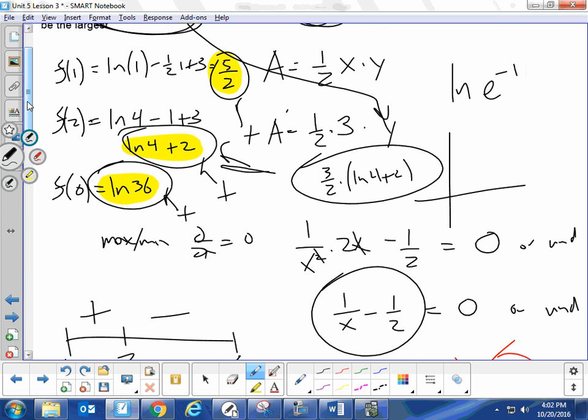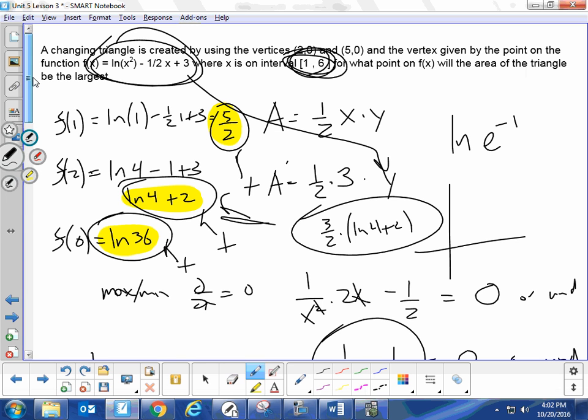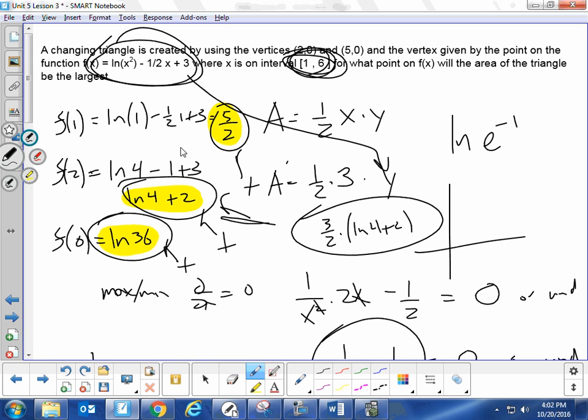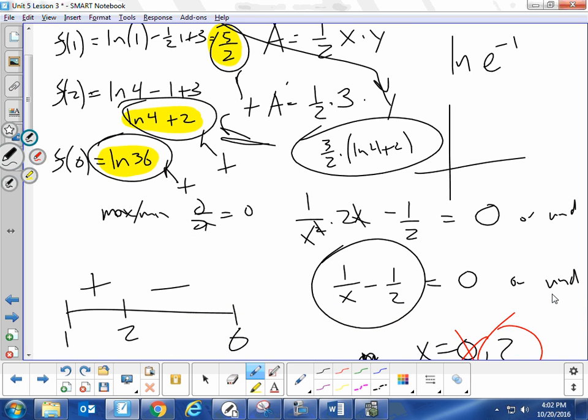Let's think about this. 6 divided by 2 is 3. Negative 3 plus 3 is 0. So this is the log of 36. Did I take the derivative correctly? 1 over x squared times 2x minus 1/2 equals 0, undefined. I got 0 and 2.